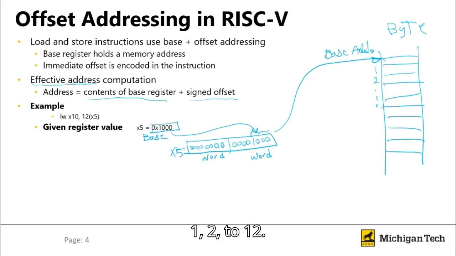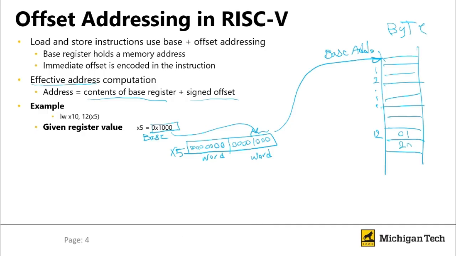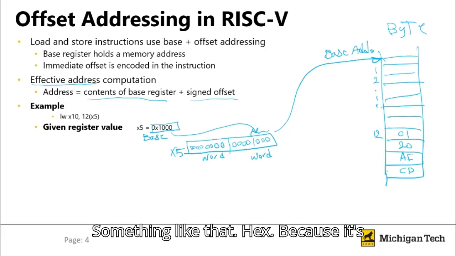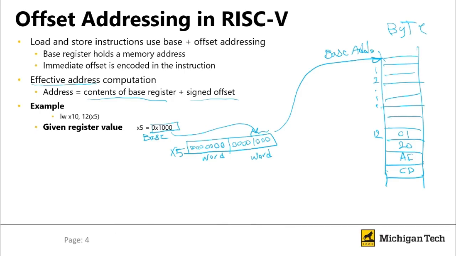And we don't know what is here, but imagine here is some information. Something like that. Hex. Because it's hex, you can have A, B, C, D, whatever. So this is 12.